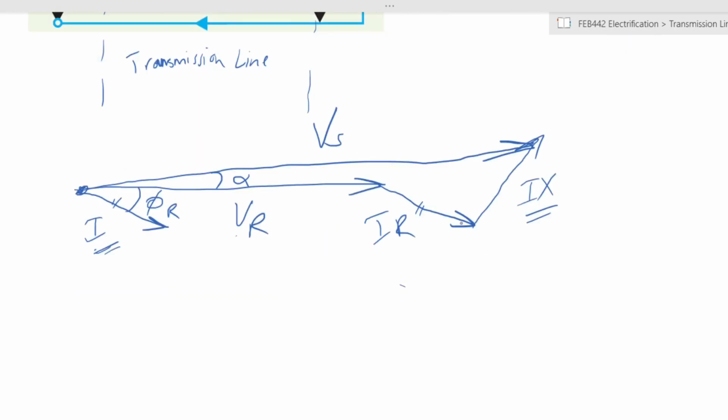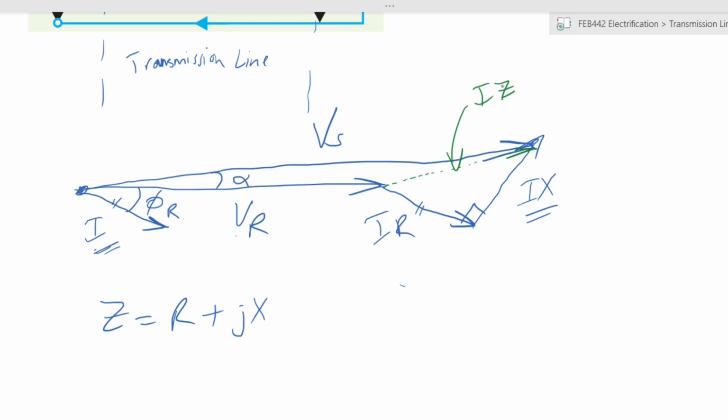You note that, of course, this is 90 degrees. You can create an equivalent voltage drop, which is the sum of the resistance and the inductance, and we can call this IZ, where Z is the impedance, the vector sum of the resistance and the impedance due to the inductance.